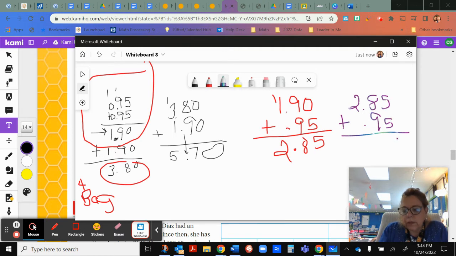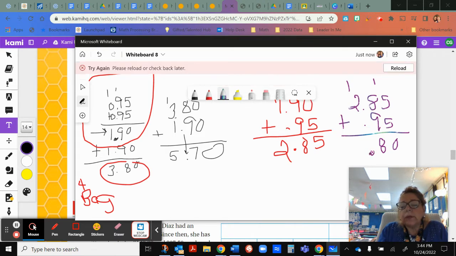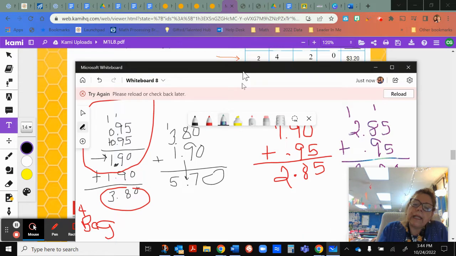5 plus 5 equals 10. Regroup. 9 plus 1 is 10, plus 8 more is 18. Regroup. I'm going to bring down my decimal so I don't forget. 2 plus 1 equals 3. So that is $3.80.